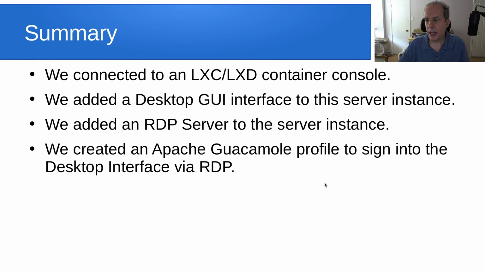And we created an Apache Guacamole profile to sign into the desktop interface via RDP. So now our full-up GUI interface, which is network accessible, is actually an interface that is completely running out of an LXC LXD container. And that's pretty impressive, pretty powerful, and pretty low resource.